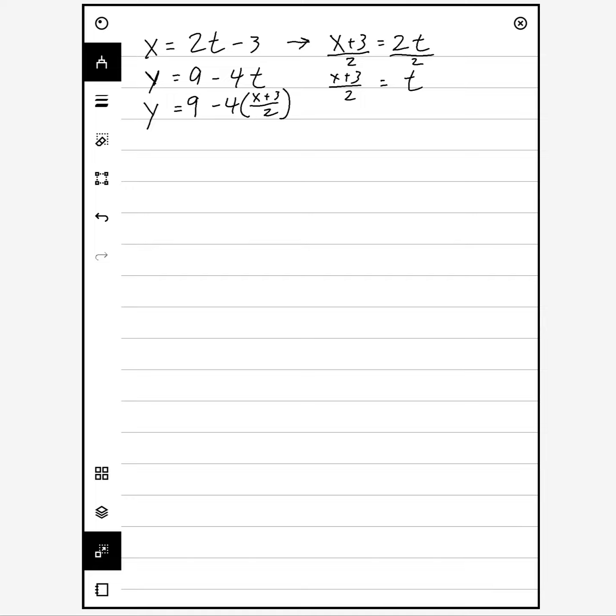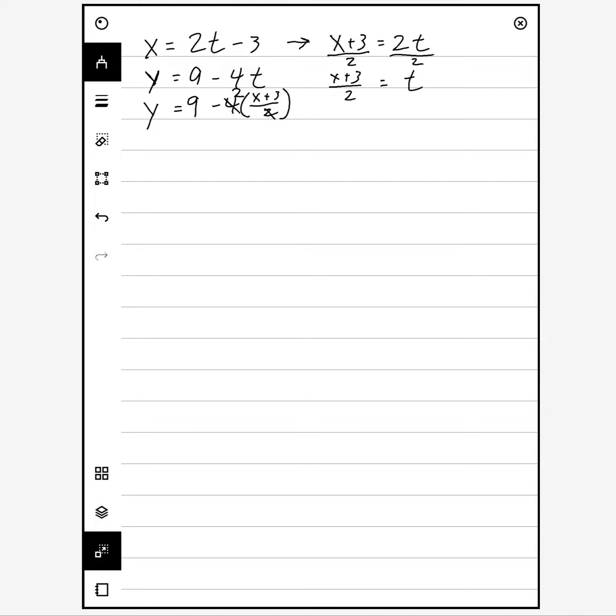Okay, and then if we were to distribute the 4, the 4 and the 2 cancel out, and what I'm left with is 2, or negative 2.